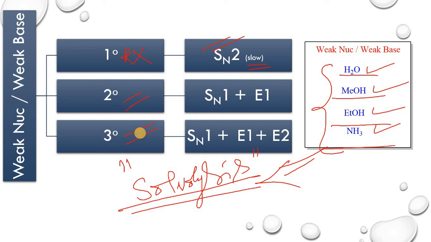In case of secondary and tertiary, you cannot find SN2. In case of secondary, there is a solvolysis step, and tertiary also there is a solvolysis step. So, in case of secondary, you can find SN1 and E1.